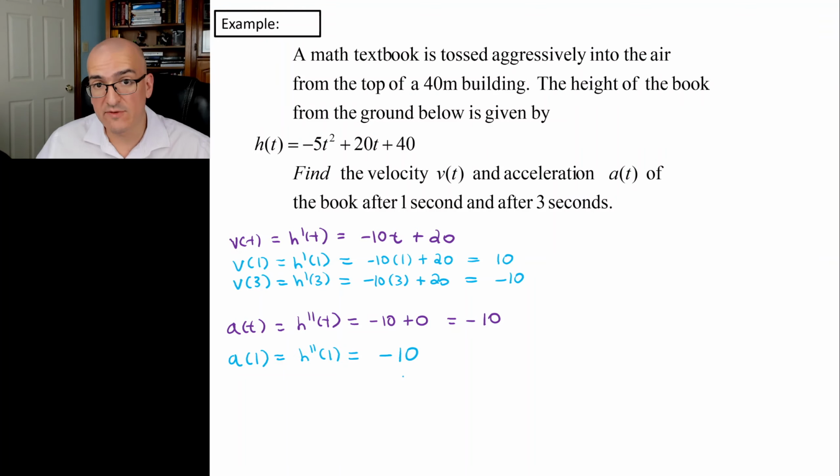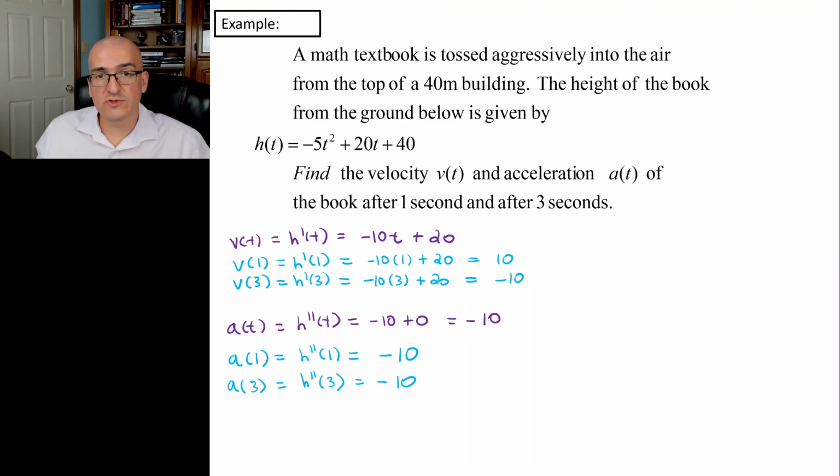There's no t left, so the acceleration is always negative 10, including at time 3. So h double prime of 3 is equal to negative 10 as well. And these are usually a little bit more interesting when the t survives. But this one's realistic. This would fairly accurately describe the height of the book if it was thrown straight up in the air.